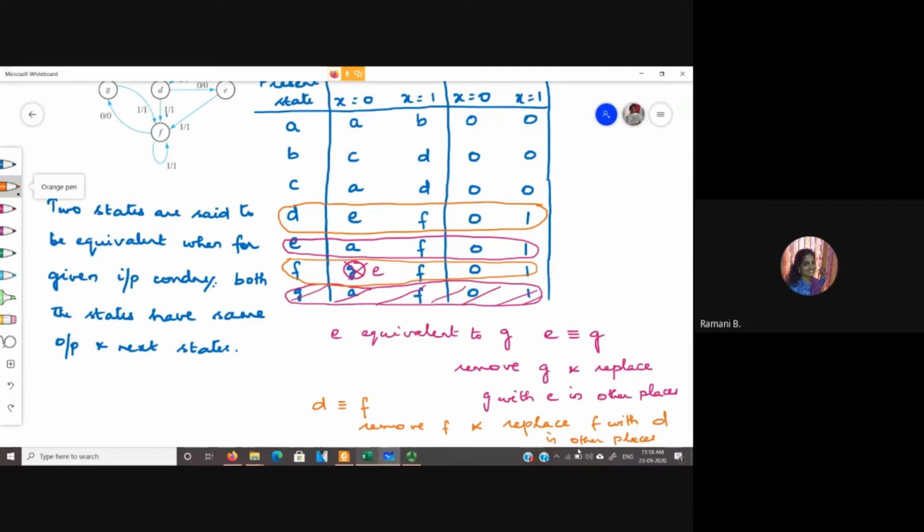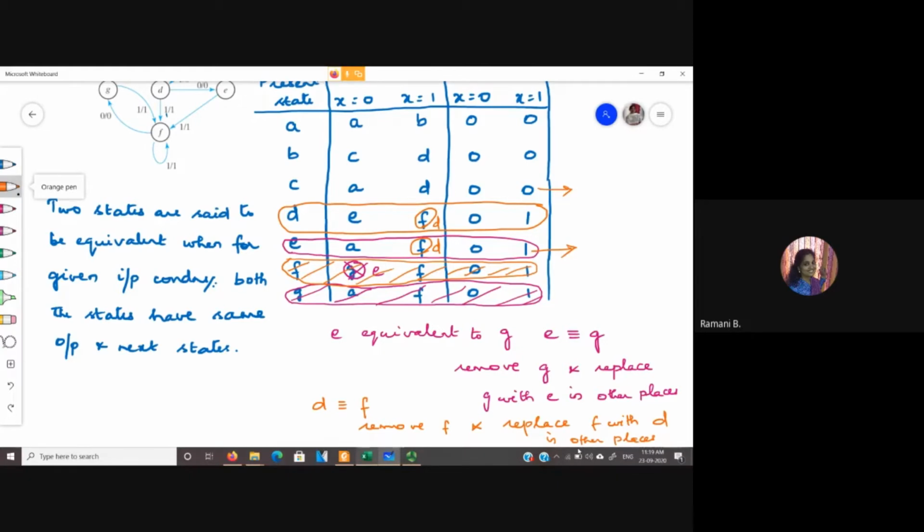So I am going to remove this, and wherever I have F, I am going to replace it with D. So this is replaced with D and this is replaced with D. Now you can again compare. Here you can see that C and E actually have the same next state.